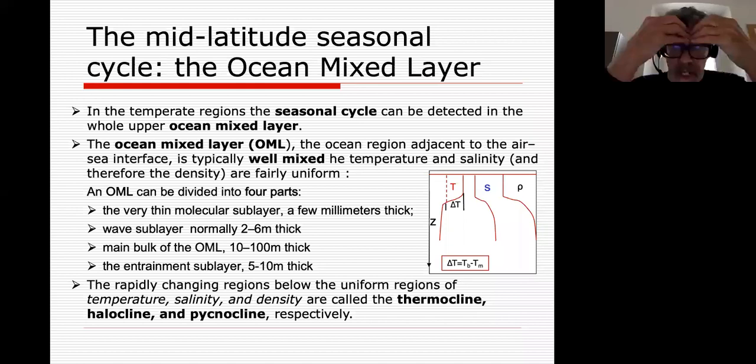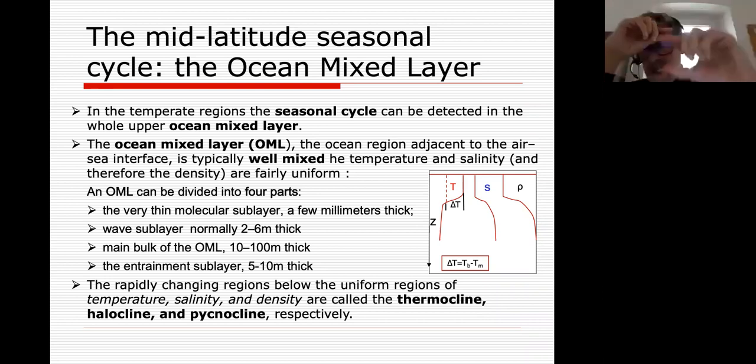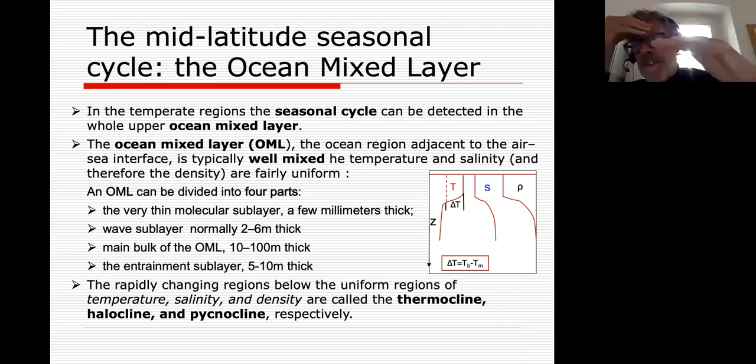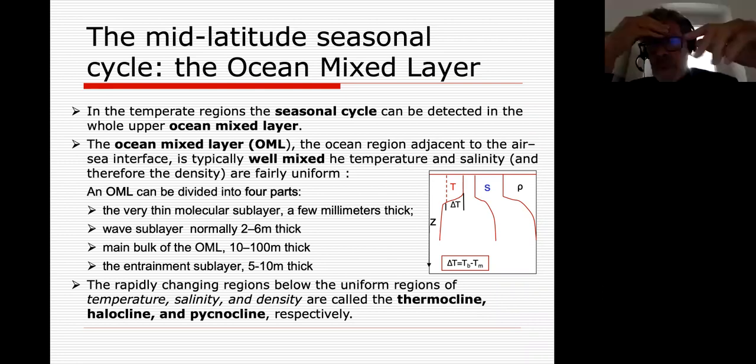And this is, well, an approximation, obviously, because there are forcings that continuously act on this slab, on this layer. Essentially, on the top you have air-sea interaction, wave motion, wave breaking, and so on.